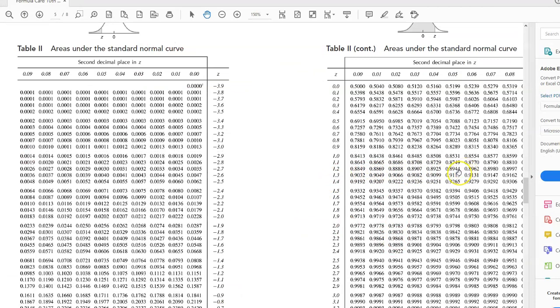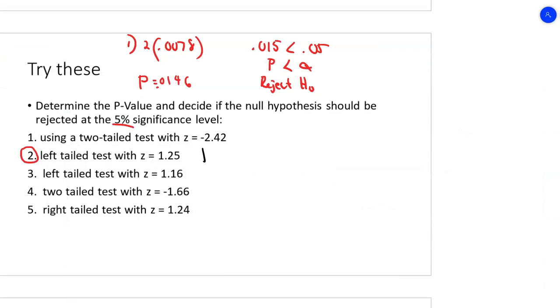It's going to be enormous. 0.8944. All right, because that's everything to the left of 1.25. All that area there. And so, yeah, clearly 0.89 is greater than 0.05. Do not reject the null.